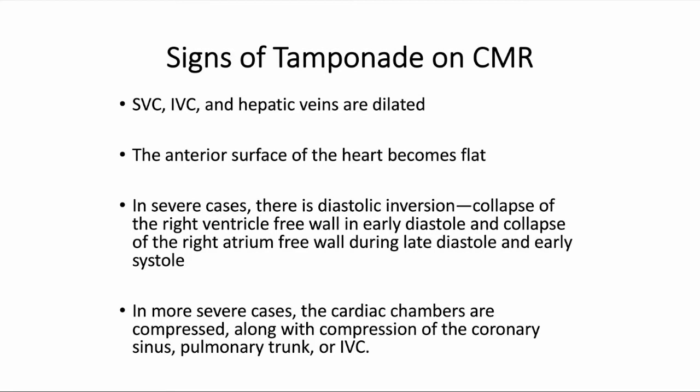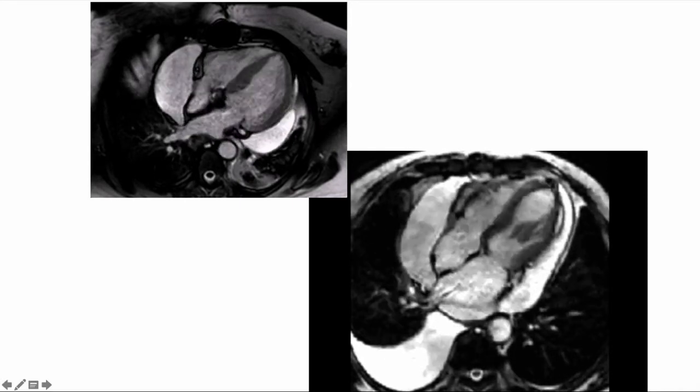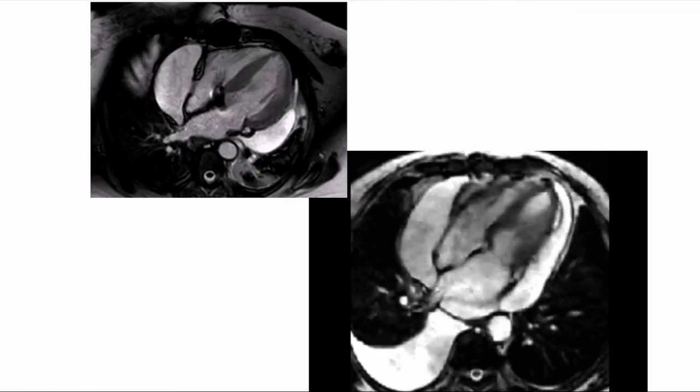In very severe cases of tamponade, there is diastolic inversion, which is nothing but collapse of the right ventricular free wall in early diastole and collapse of the right atrial free wall during late diastole and early systolic phases. In more severe cases, the cardiac chambers are compressed along with compression of the coronary sinus, pulmonary trunk, or the IVC. So these are cine sequences showing two cases with signs of tamponade.